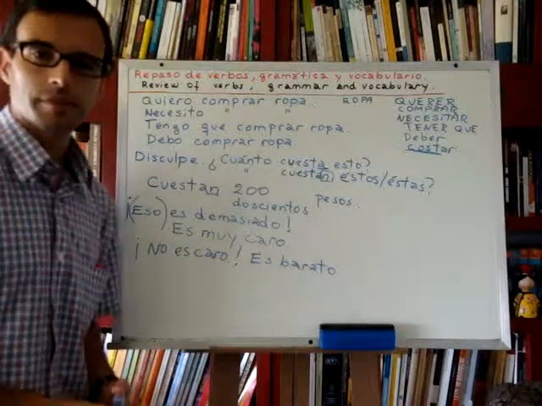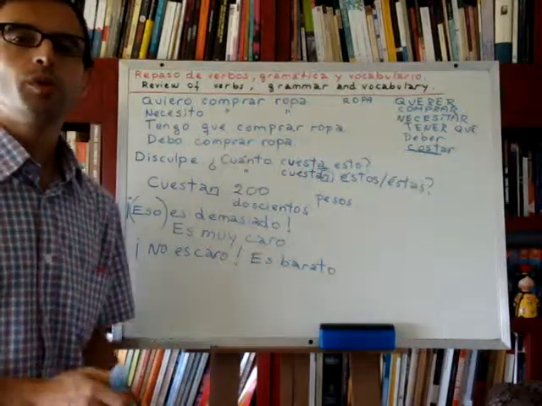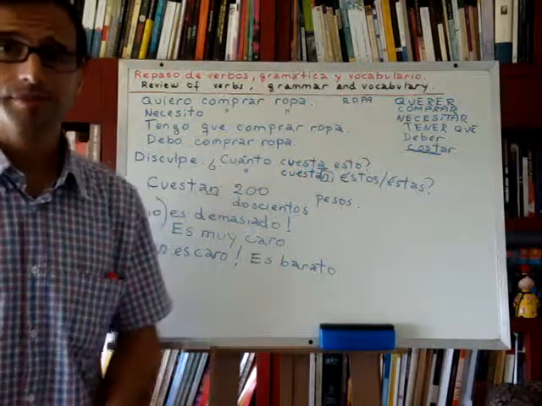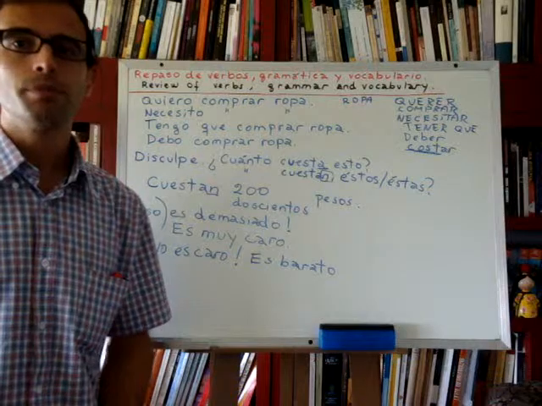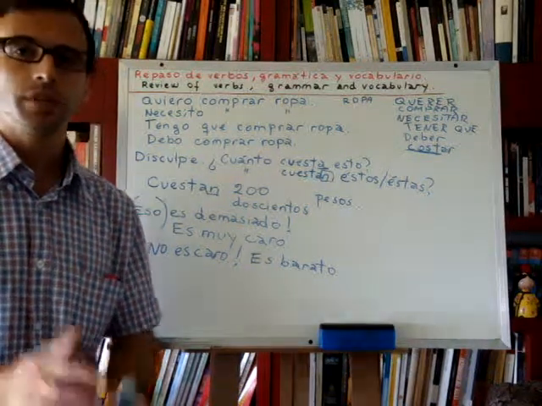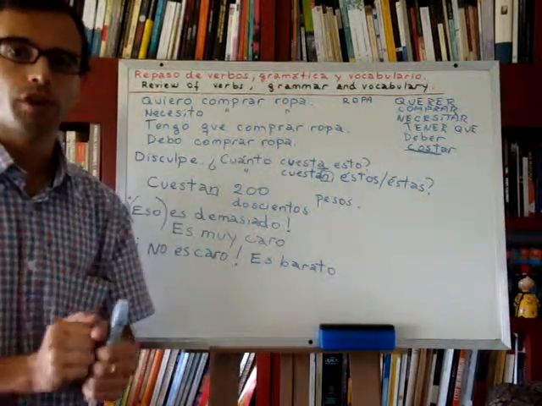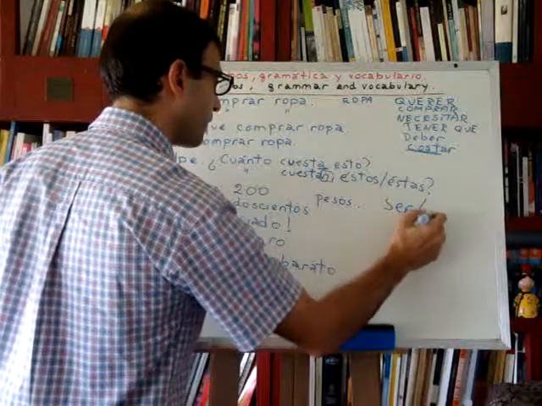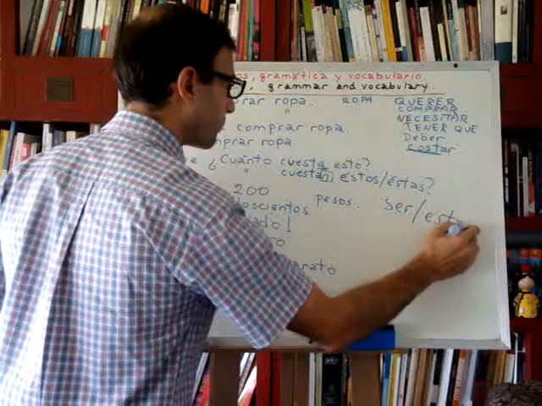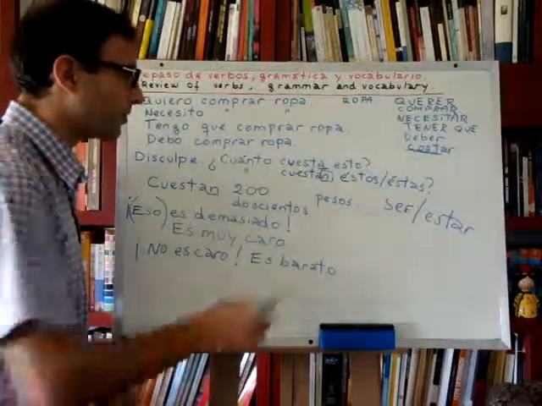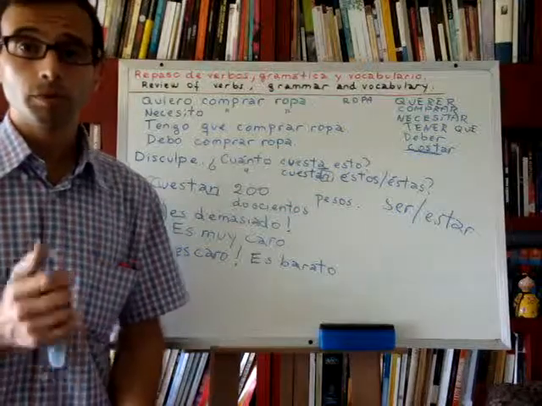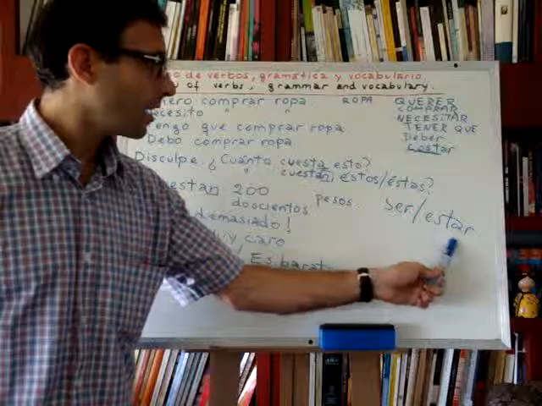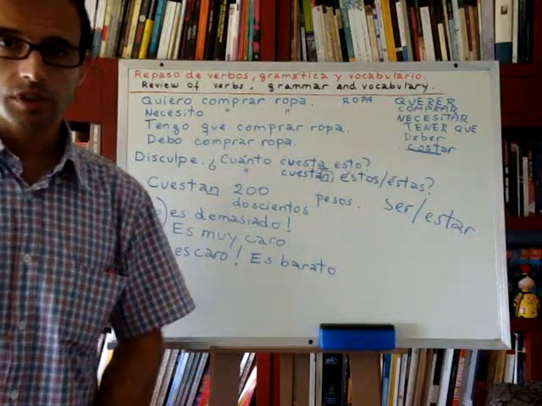However, let me tell you something. Remember the difference between the verb ser and the verb estar. In English, they both mean the verb to be. But in Spanish, the verb to be is divided into two verbs, ser and estar. We use the verb ser when we are talking about more permanent situations or conditions, and estar, more impermanent conditions or situations.